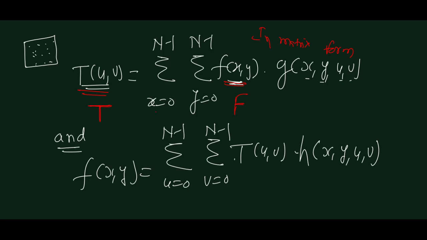If you want the transformation of the image, then in matrix form we have the equation T equals A F A. Here A is nothing but the n by n symmetrical transformation matrix.